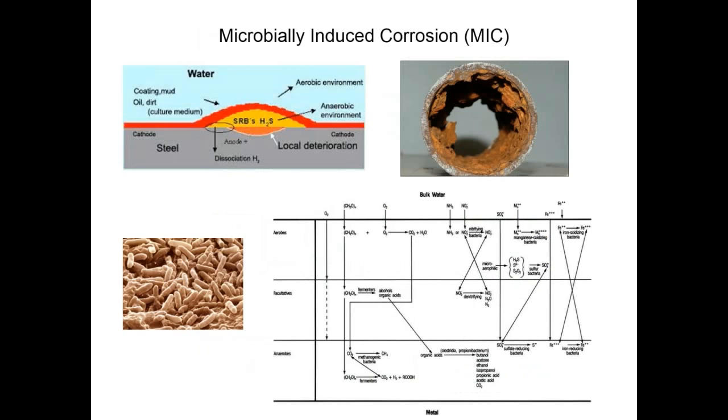The metabolism is such that you form different oxidized species, both anionic and cationic, the sum total of which is that the biofilm that is formed further increases the concentration, and hence you have local deterioration. And this is dangerous in the sense that this cannot be easily seen.